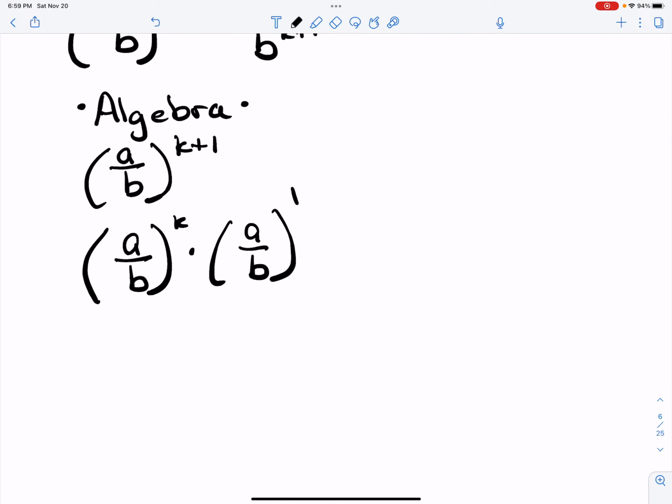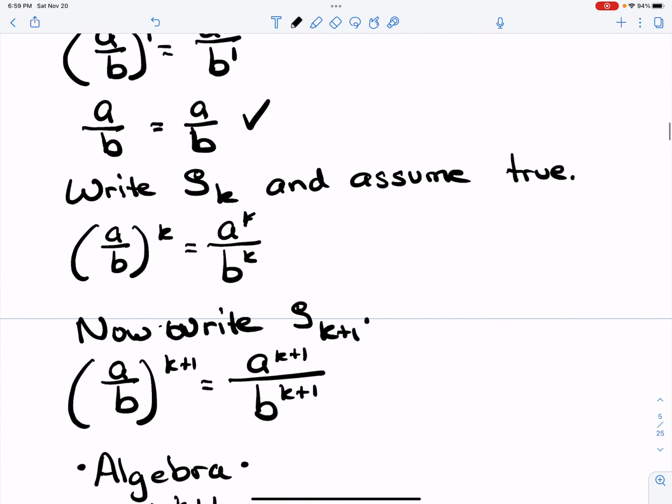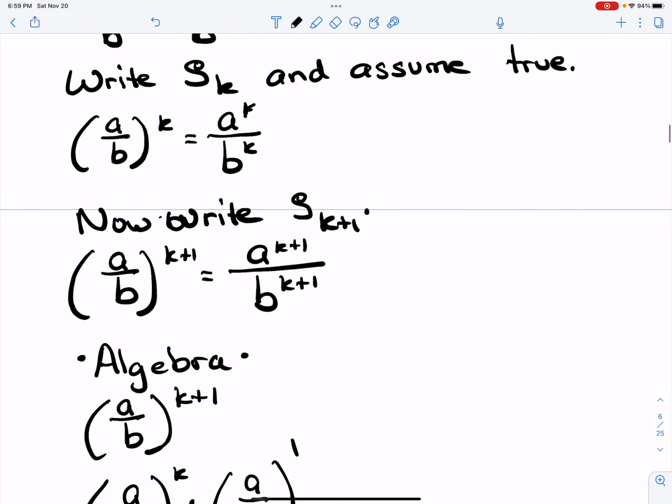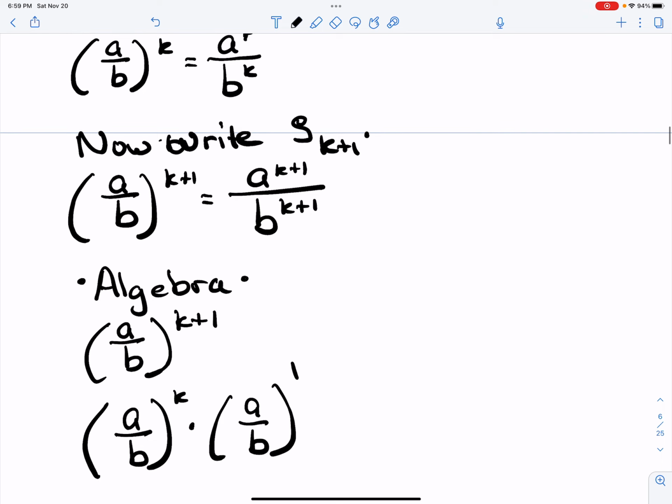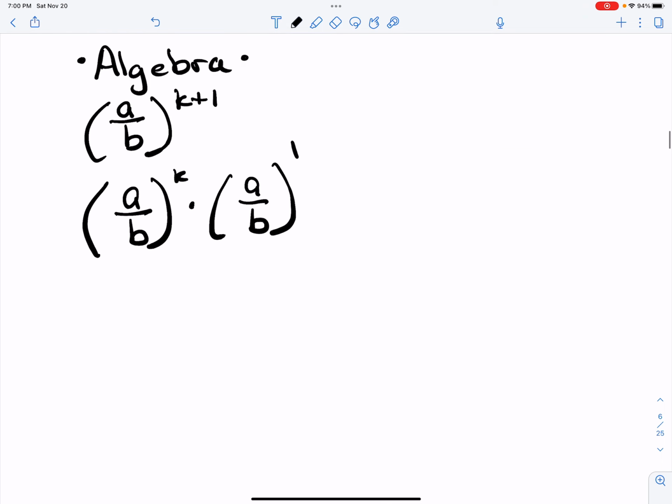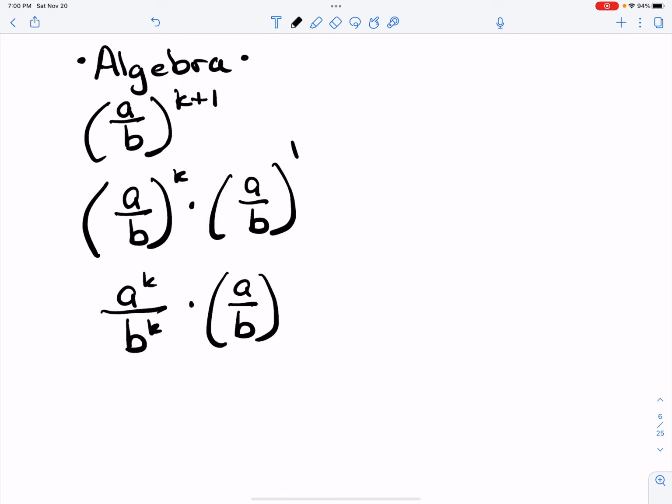And then we can use the induction hypothesis, S sub k, and assume true. A over b to the k power is a to the k over b to the k. So we can rewrite this as a to the k over b to the k, and then we're still multiplying by a over b.